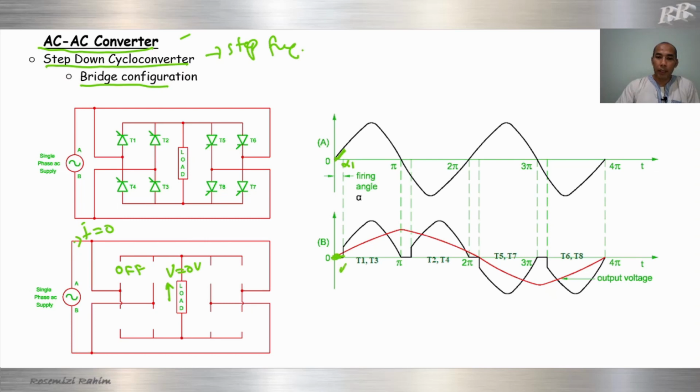So at alpha 1, we supply gate current to T1 and T3. So what happens is T1 and T3 will be shorted, switched on, others off.